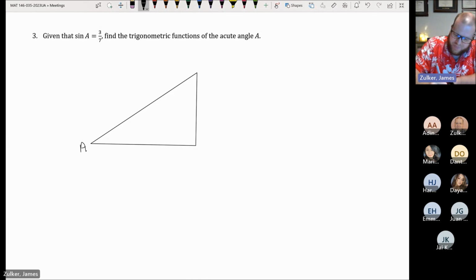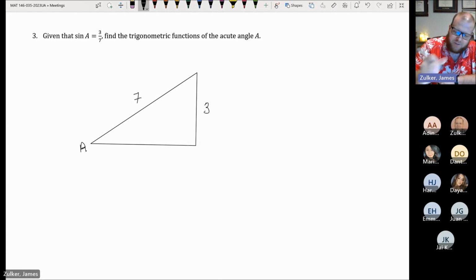Let's call that there angle A. Sine of A, we're told, is 3/7. Right? So we know the height is 3. The opposite side is 3.